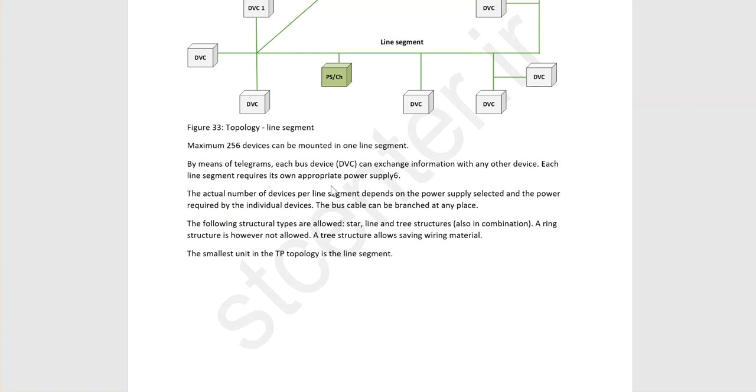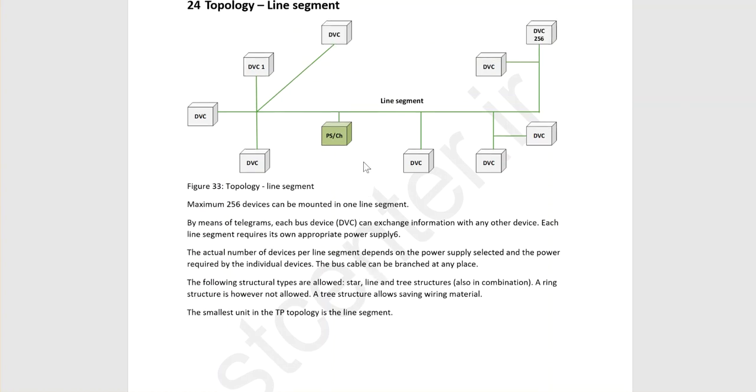Each line segment requires its own appropriate power supply. You cannot share the power supply between 2 lines. The actual number of devices per line segment depends on the power supply selected and the power required by individual devices. The bus cable can be branched at any place.